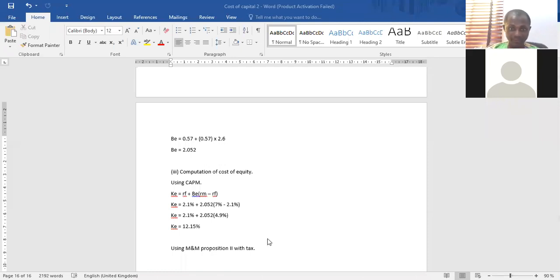Sorry, so sorry about the disconnection, please. So the MM proposition 2 with tax is used to compute cost of equity.